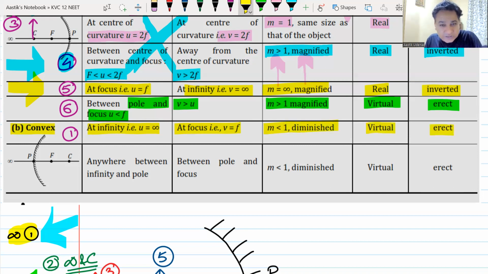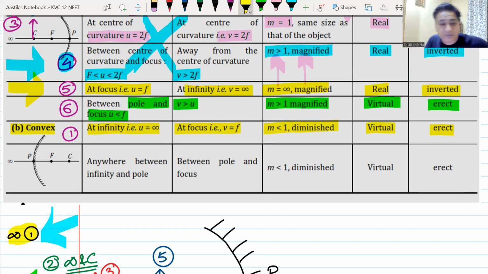So for this position, this convex mirror is going to give you a virtual image. Concave mirror was giving you real image, my dear friends. This is going to give you virtual image, and that is why convex mirrors are used in your rear car mirrors. It will give you virtual image that is on the other side. If it was on the same side, you would not be able to see the coming vehicle.